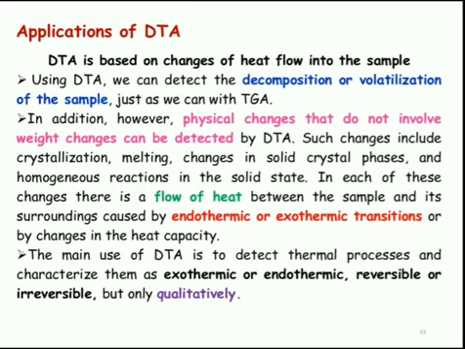In each of these changes, there is a flow of heat between the sample and its surroundings caused by endothermic or exothermic transitions or by changes in the heat capacity. The main use of DTA is to detect thermal processes and to characterize them as exothermic or endothermic, reversible or irreversible, but only qualitatively.